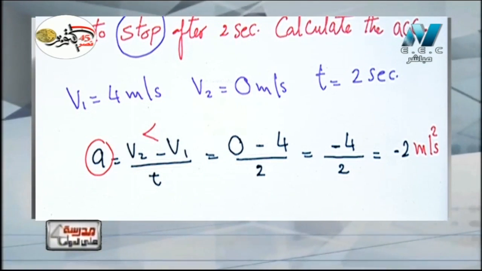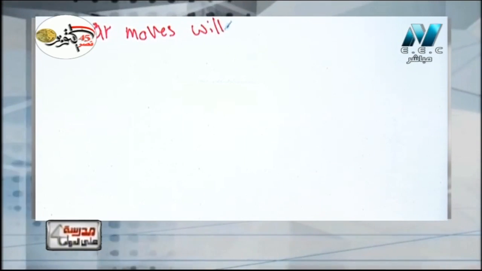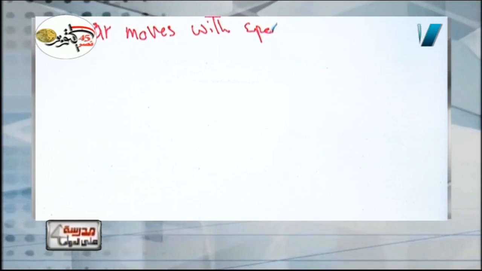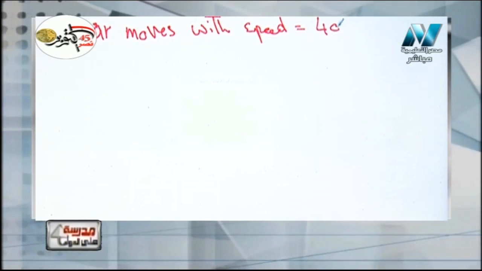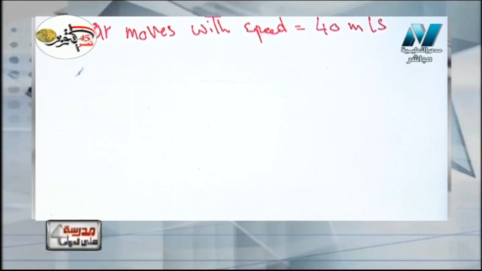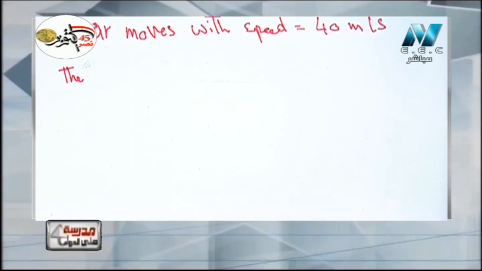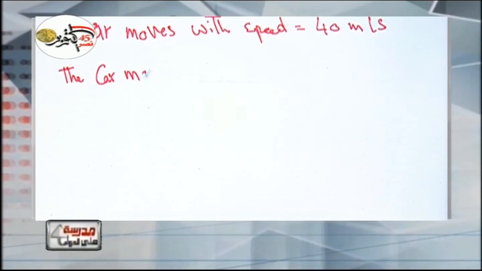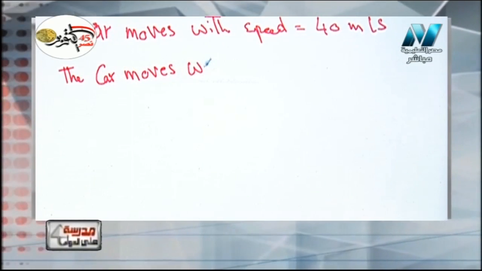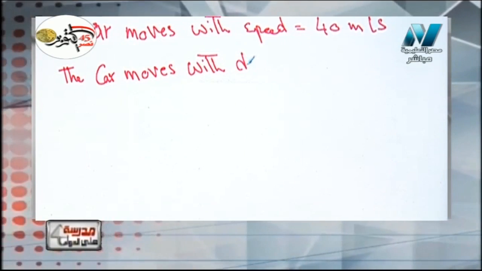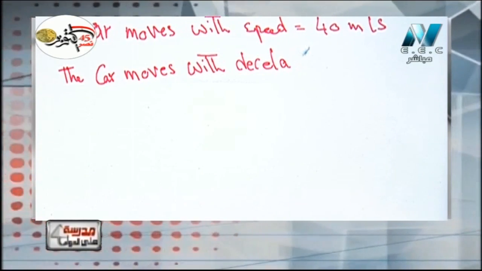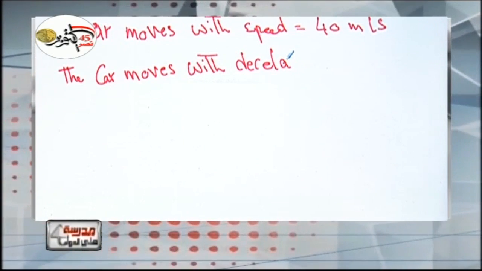Okay? If we have another problem, as we have a car moves with speed equal 40 meter per second. The car moves with deceleration, واحنا عارفين deceleration which means decreasing acceleration.